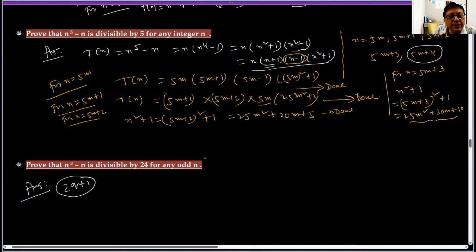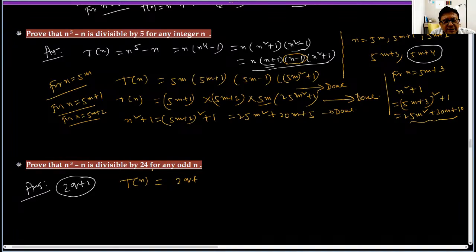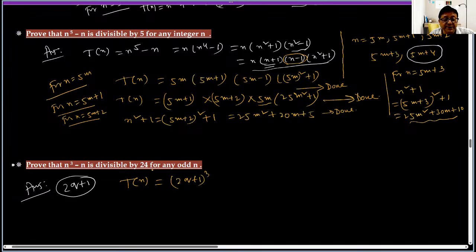So what about this product now? n equal to 2q plus 1, n cube minus n is going to be 2q plus 1 whole cube minus. Okay, let me factorize it first. Wait, that you write, because putting will be more difficult here. So this you write n into n square minus 1, that is n into n plus 1 into n minus 1.